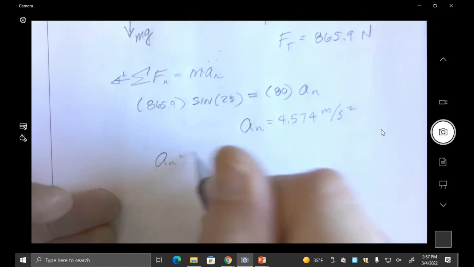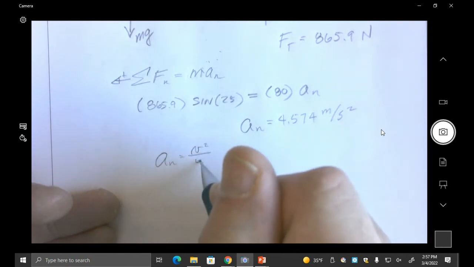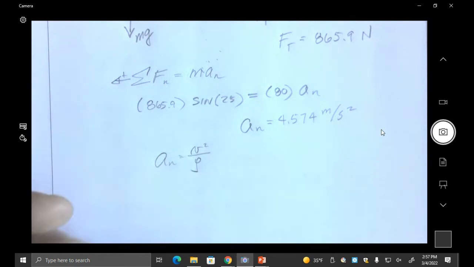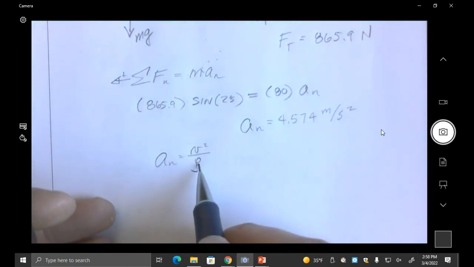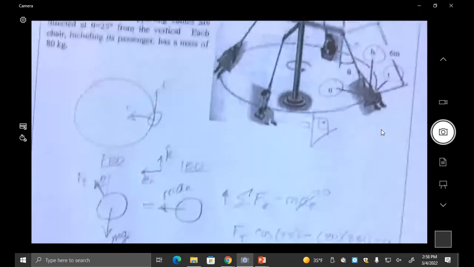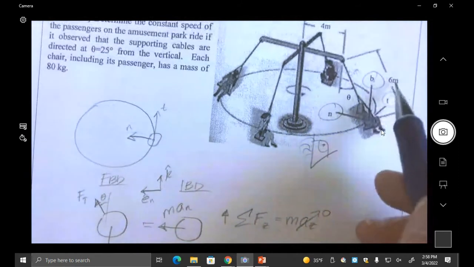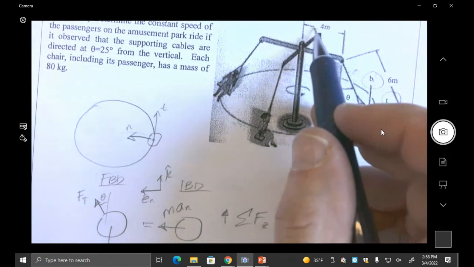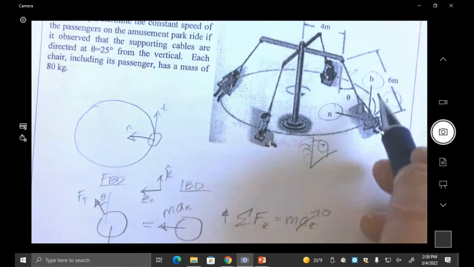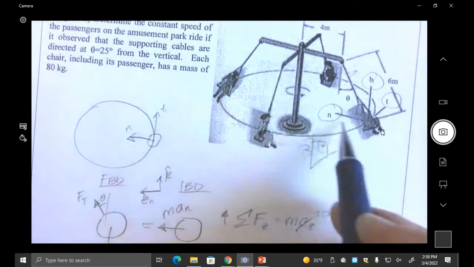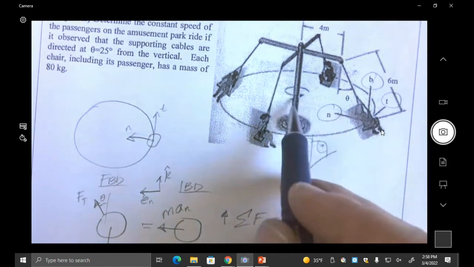And we know that it's v squared divided by rho, or call it r. And now for this rho, or r, we need to do a little geometry. We kind of noticed ahead of time that we're given this length, we're given this angle, but we have to remember it's towards the center. So it's going to be 4 plus 6 times the sine of theta that will give us the full distance of the young lady to the center, right in there.